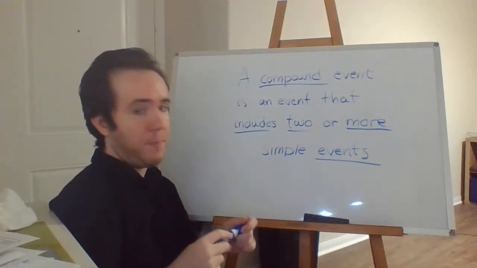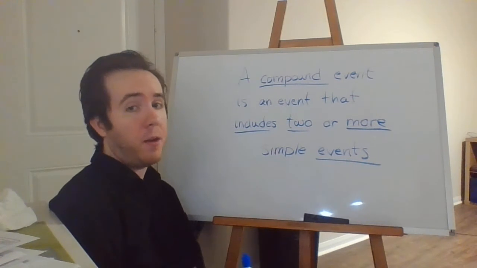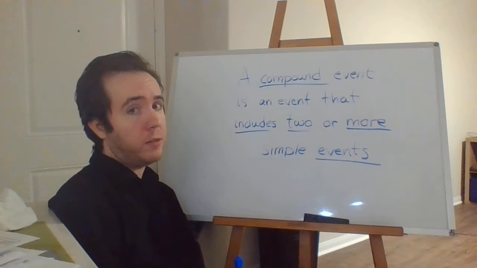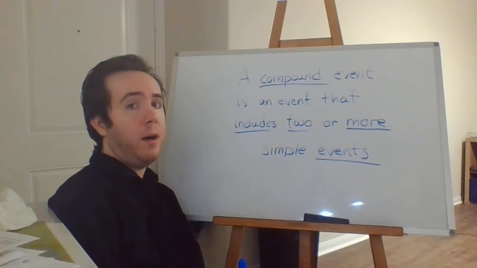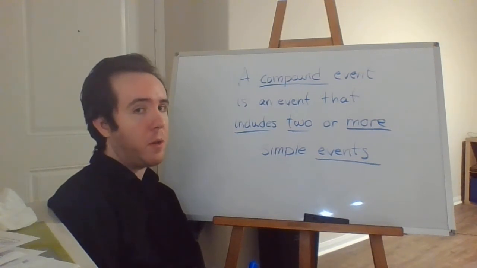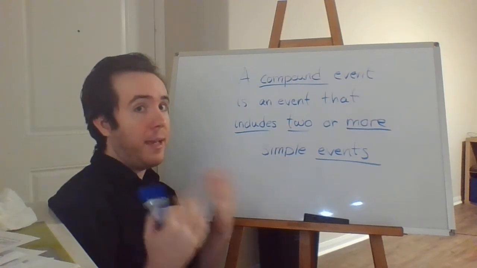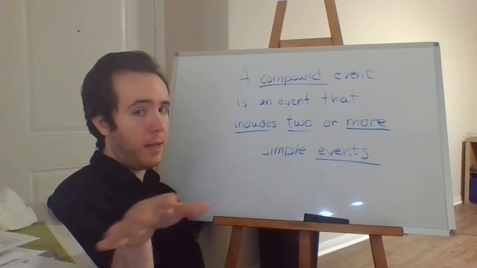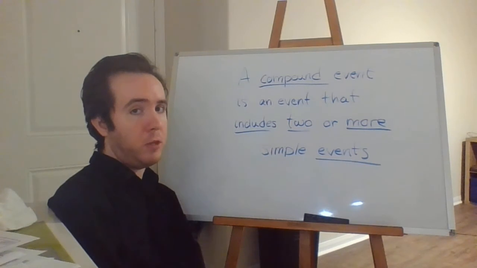Now, an example of a compound event might be drawing two cards or rolling two dice. In the event of rolling two dice, the first die has no impact on the outcome of the second die. They're independent of each other. A card, on the other hand, when you draw a card from a deck and set it to the side, is not available to be drawn again.